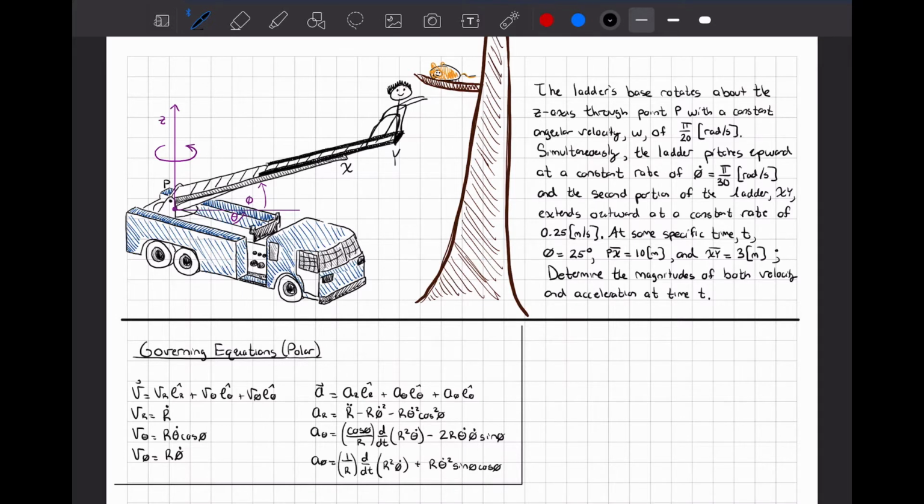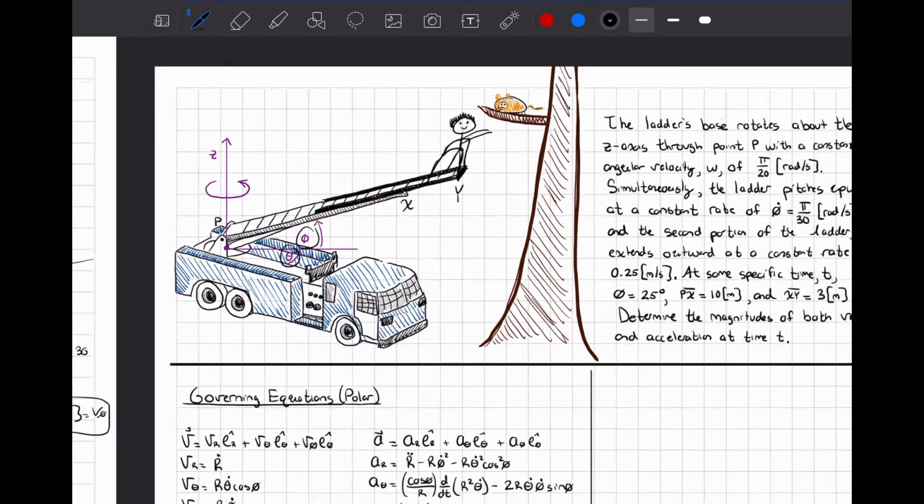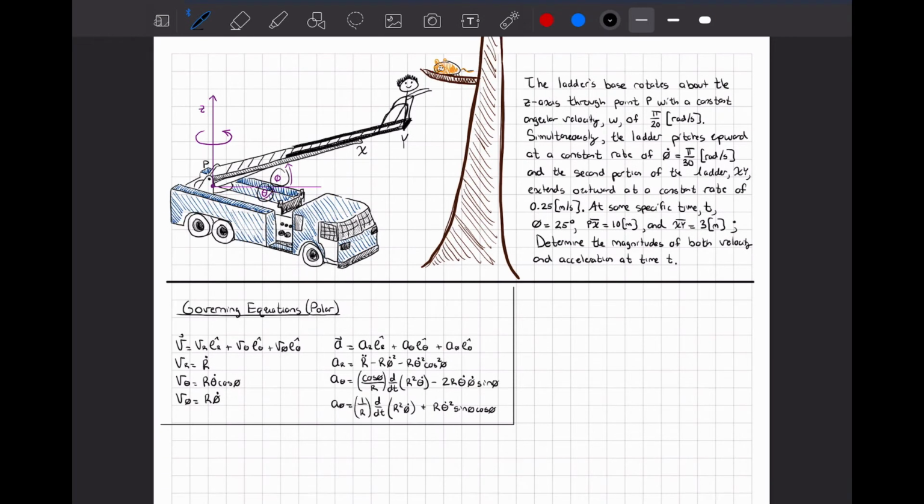And this problem is screaming to use polar coordinates, since we are given information about theta and phi, as well as something that resembles the r-axis. So I think using polar coordinates would be a very good idea in this problem.